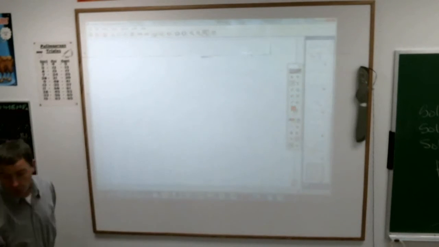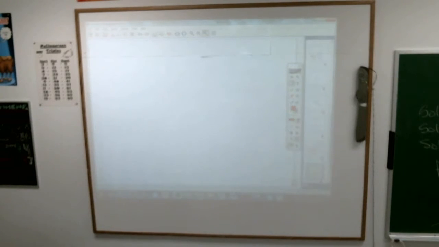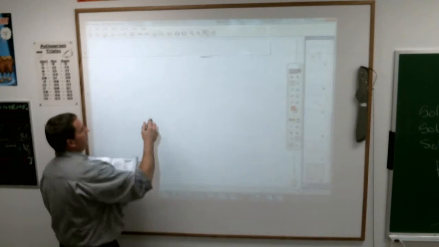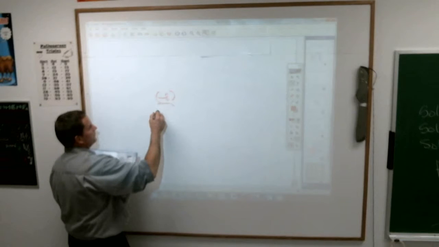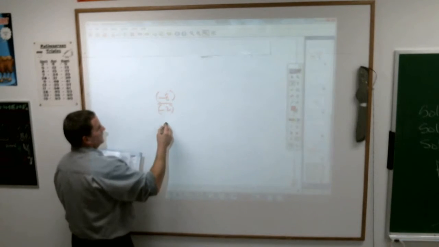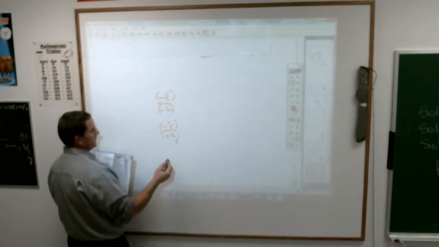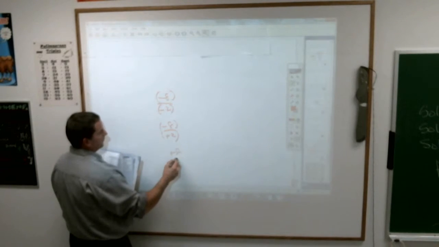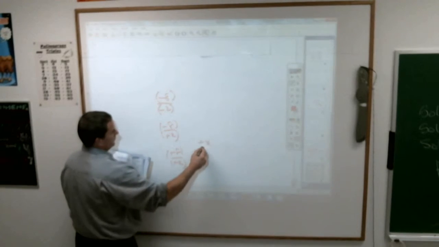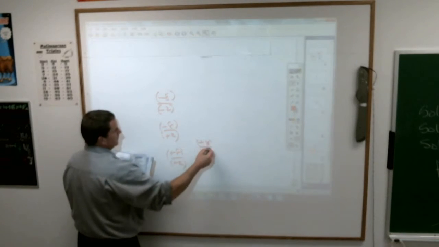For example, by the way, division is the same thing. Negative 8 over negative 2, negative 8 over positive 2, positive 8 over positive 2, and positive 8 over negative 2.